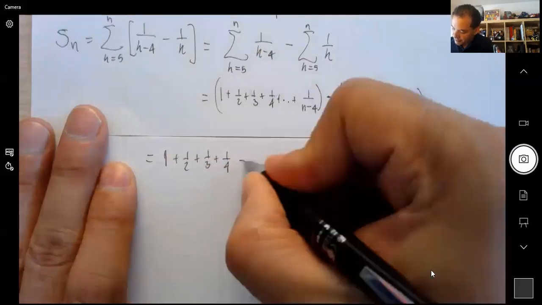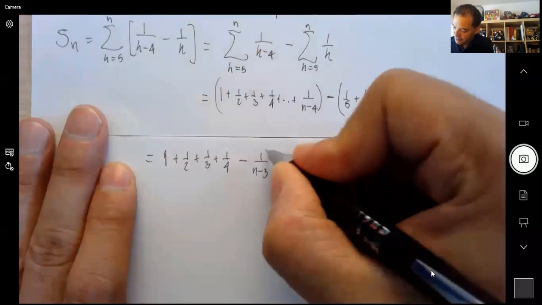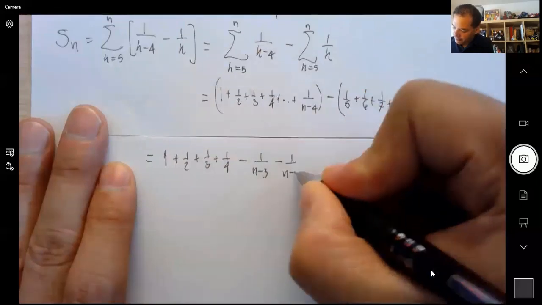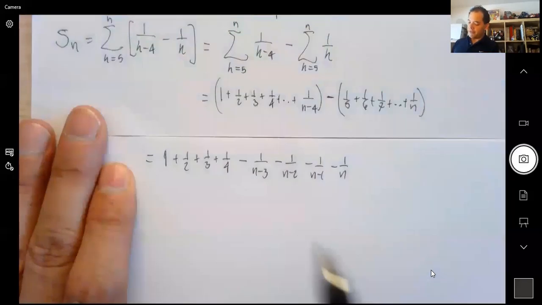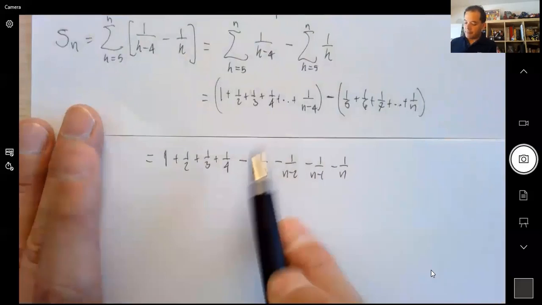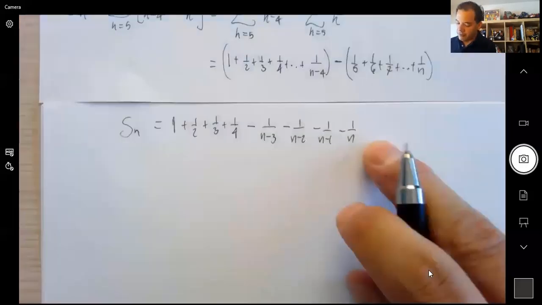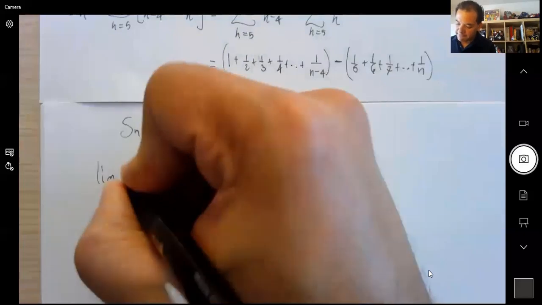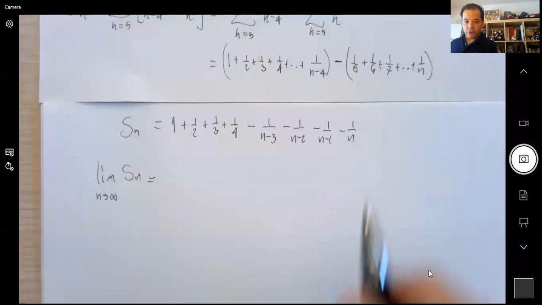The last few terms are negative 1 over n minus 3, negative 1 over n minus 2, negative 1 over n minus 1, and negative 1 over n. In other words, the first 4 terms here survive, and the last 4 terms here survive. So that's my partial sum Sn. Now, what is the limit when n goes to infinity? Well, all of these guys are going to go to 0, right?